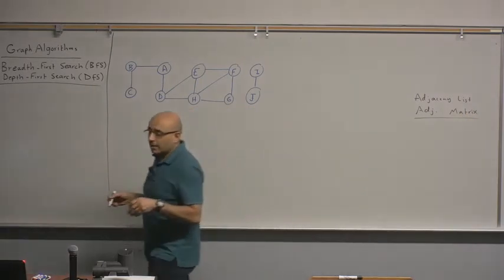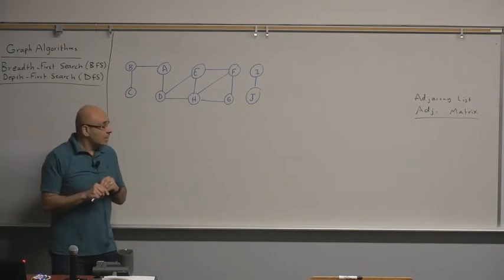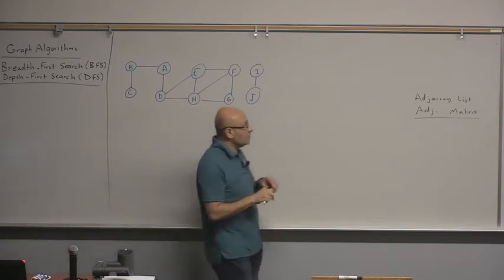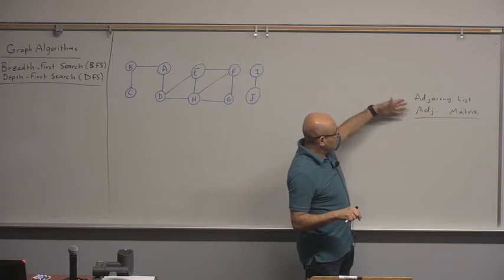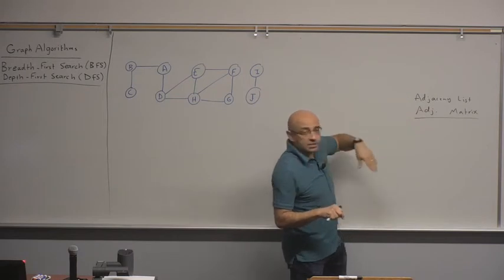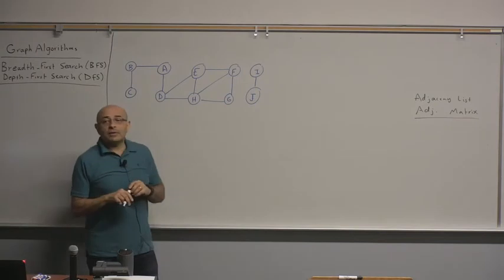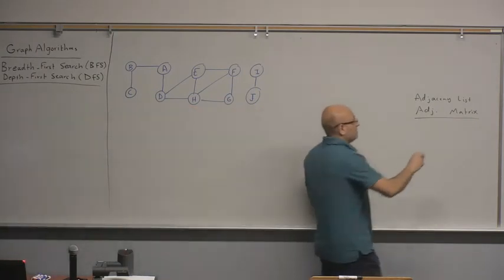And we talked about the advantages and disadvantages of each, and we gave an example of an operation that can be done more efficiently using an adjacency list, and an operation that can be done more efficiently using an adjacency matrix. Now our default graph representation is going to be the adjacency list.